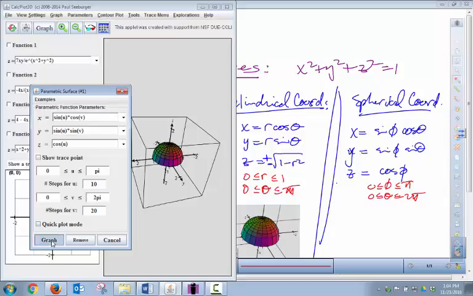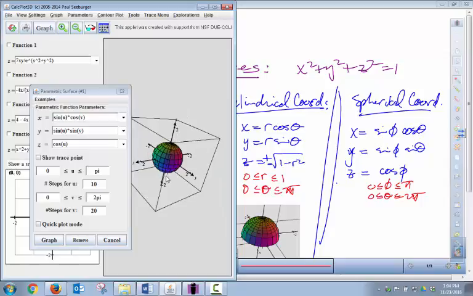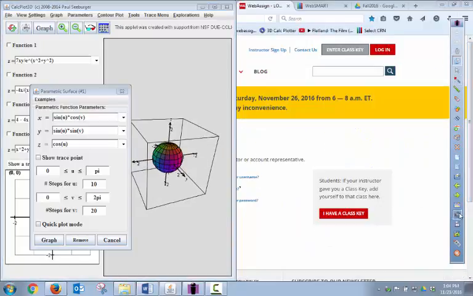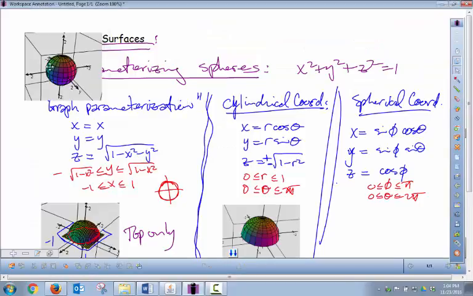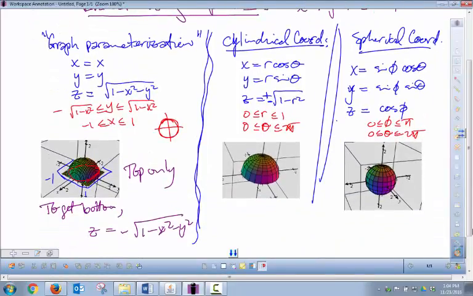So if I graph this, I should see my whole sphere come up. So now it's complete. Okay? Any questions?